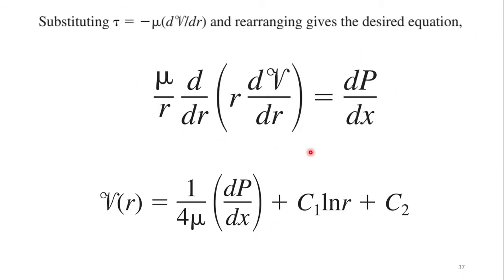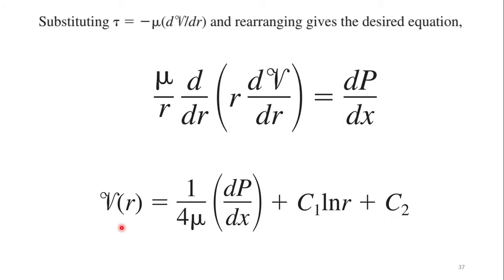And if we integrate this expression twice, we will have this expression. The integration is very simple and straightforward. First you integrate the first time, and you will have this constant C1, and if you integrate the same equation for the second time, you will have the constant C2 here.